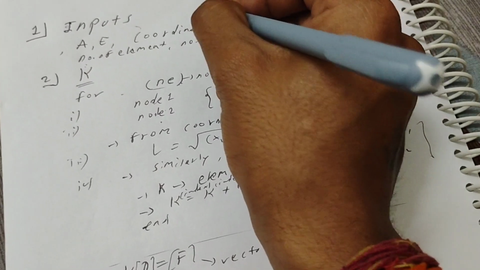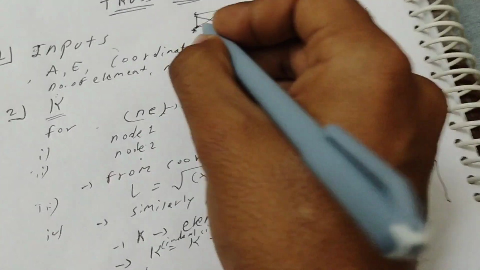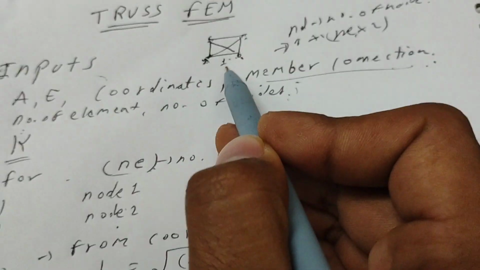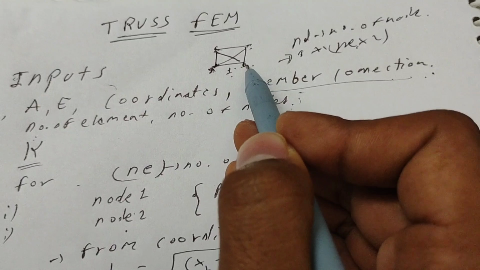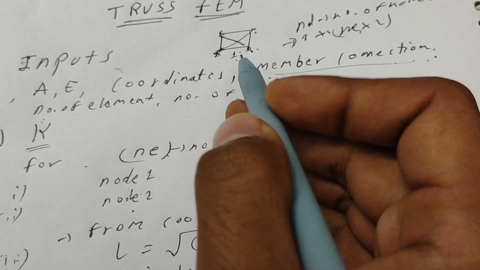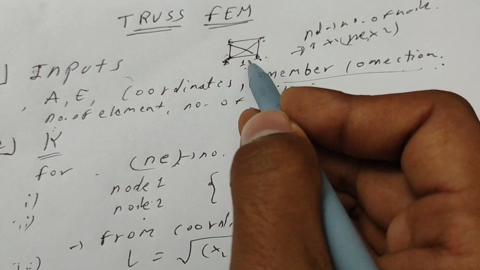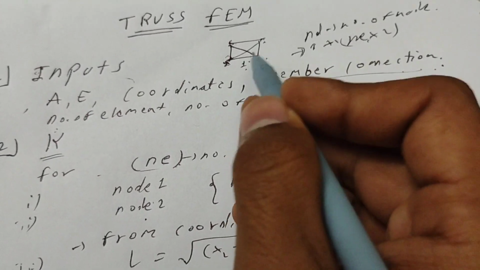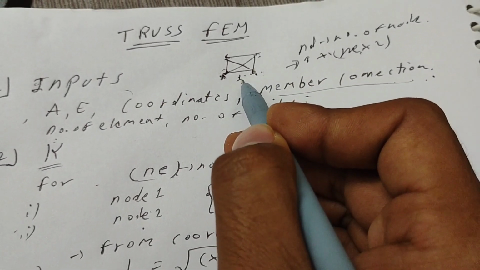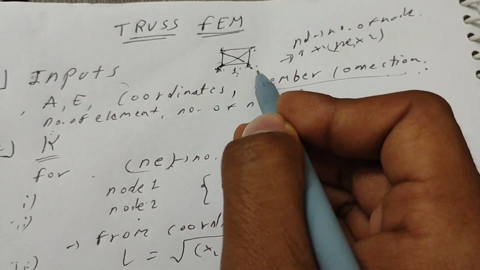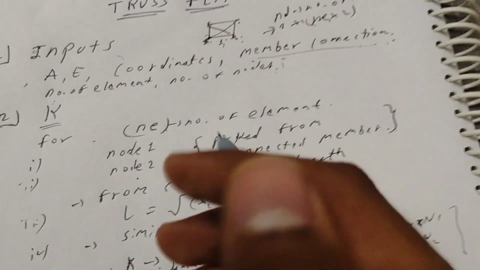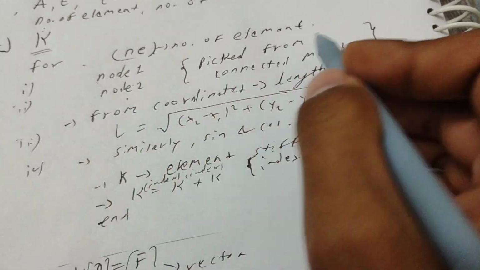If this is the first element, then this is node 1 and this is node 2. So when we connect this, we need to know which element we are working on. This is the first element, so we need this node and this node. How will we take it?